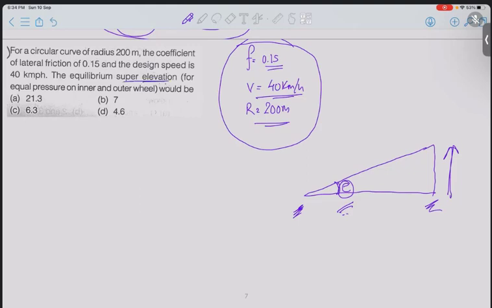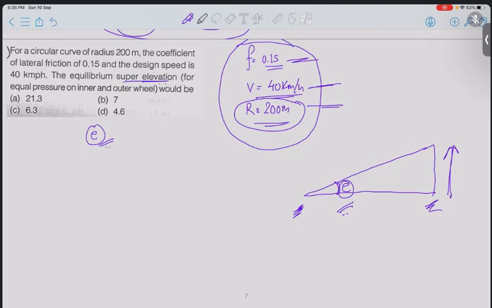So my question for you guys now: you would have done the design of equilibrium super elevation. Do you remember the steps we took in that? Just a refresher, it has nothing to do with this question. In that case, we will be given our lateral friction coefficient, the design speed or maximum speed, and the radius, and then we will be asked the super elevation.